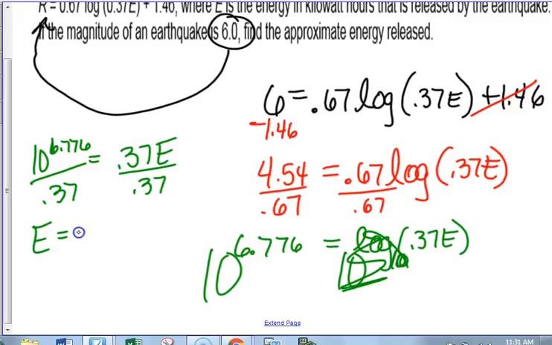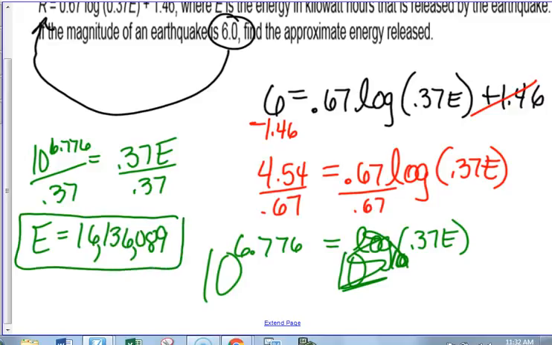Okay. 1613608.9 roughly. Did anybody get 16 million something? Yeah. All right. Did it give us a label? Kilowatt hours? Everybody okay?